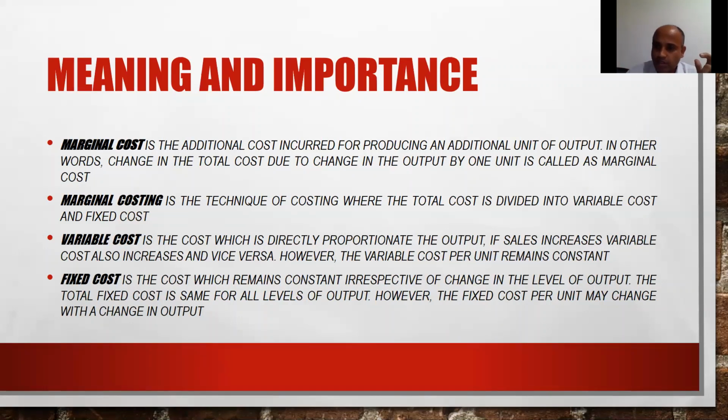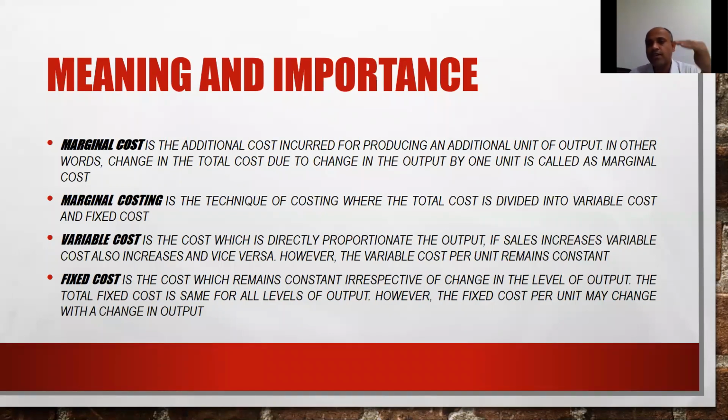What do you observe here? As my output is increasing, the total raw material cost is also increasing. If I reduce the output, my total raw material cost will also reduce. So what relationship do you find here? How is it related to the output? The material cost is directly proportionate to the output.